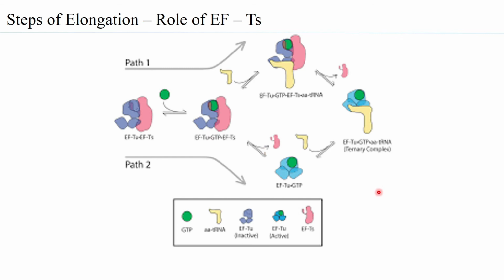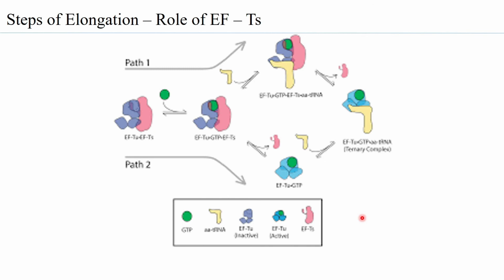Now, the question that comes over here is, what about EFG? EFG does not need the help of EFTS in restoring its GTP because EFG as a molecule has a very high affinity for GTP.